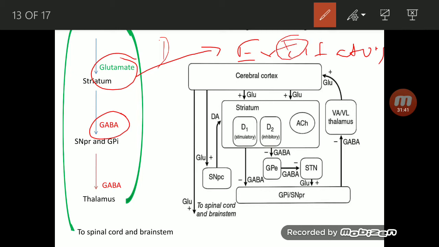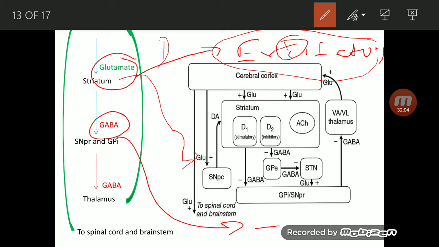Say if you are watching TV and your mother comes and tells you to continue to watch TV, that is excitatory. Similarly, glutamate will tell your cell to continue to do something, whereas GABA is inhibitory in nature.